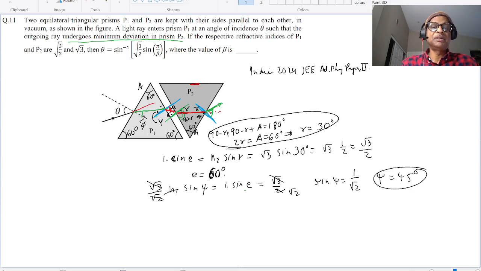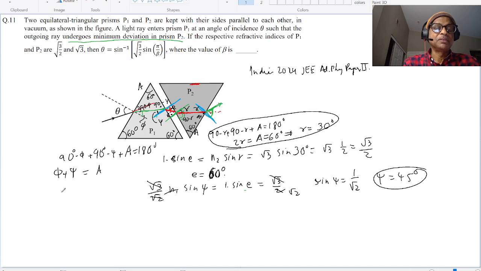Again, this will be 90 minus psi, and this angle over here will be 90 minus phi. So 90 degrees minus phi plus 90 degrees minus psi plus this angle A in this triangle is 180 degrees. So phi plus psi equals A. So phi equals 60 degrees minus 45 degrees, which is 15 degrees.